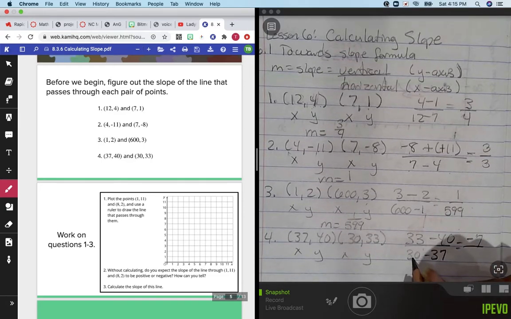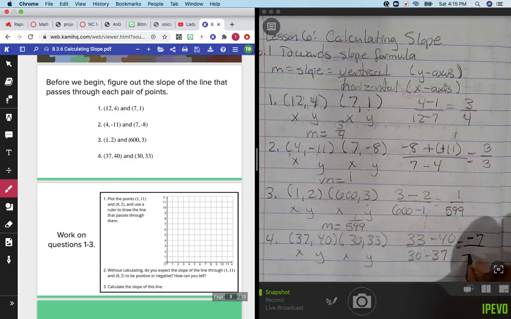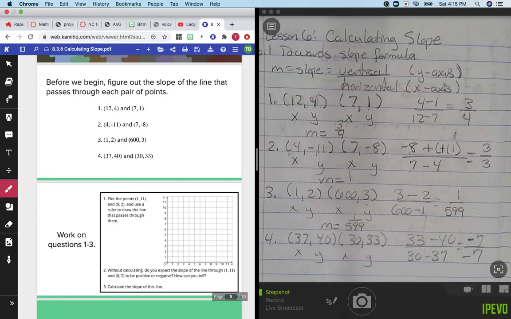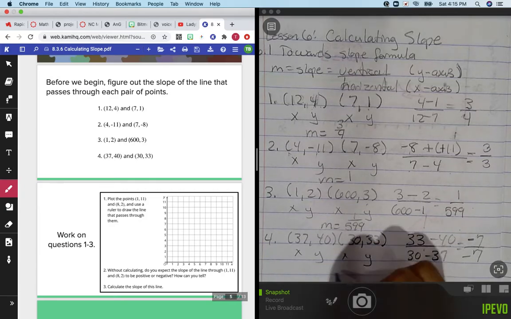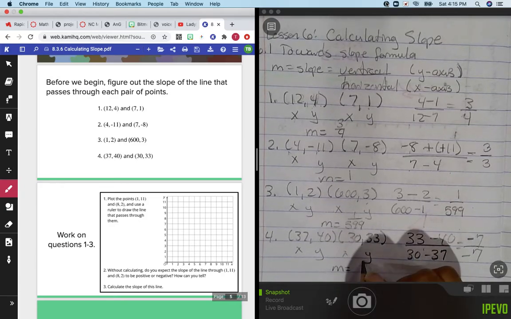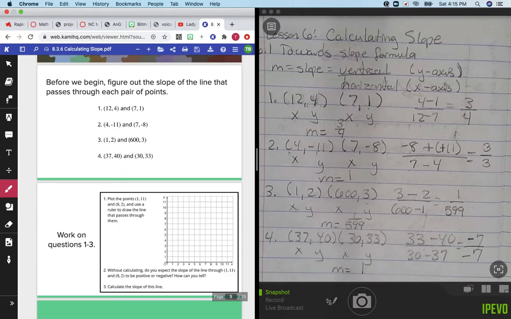And 30 minus 37 also gives me a negative 7. So negative 7 divided by negative 7 gives me a positive 1 as my slope.